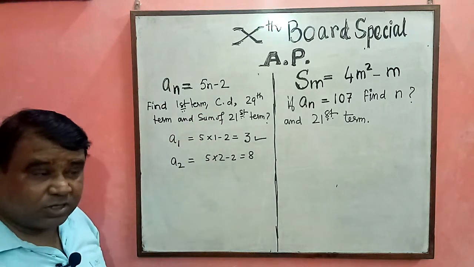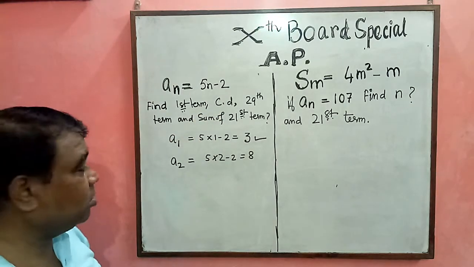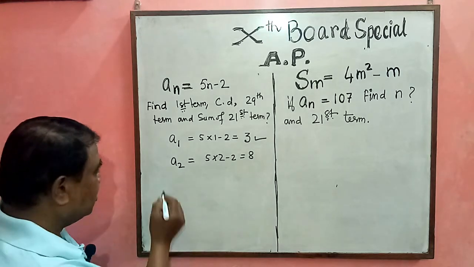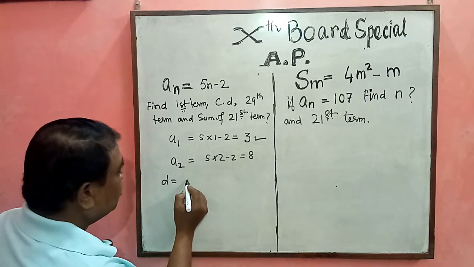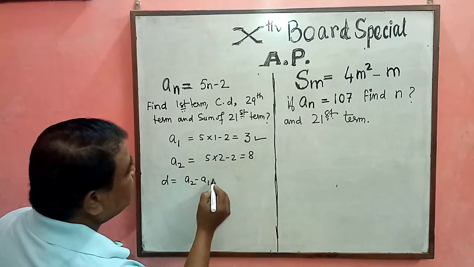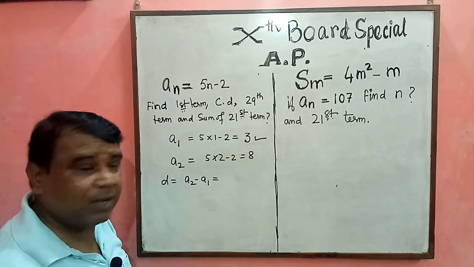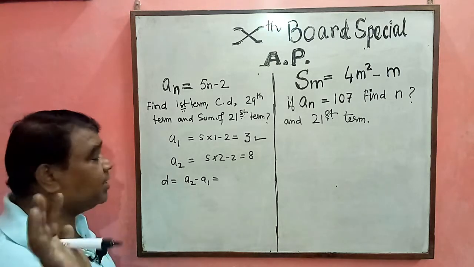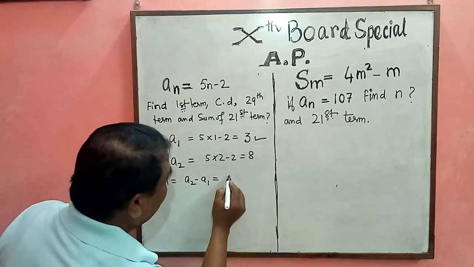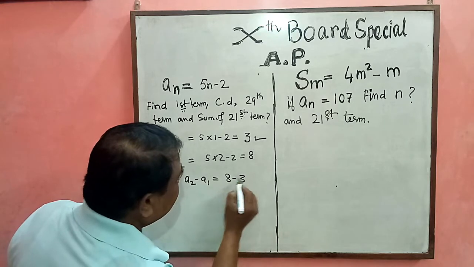Obviously, first term is known, second term is known, so D is known to us. D is equal to a2 minus a1, second term minus first term. This is the basic concept of AP. D will remain constant. So 8 minus 3, this is 5.